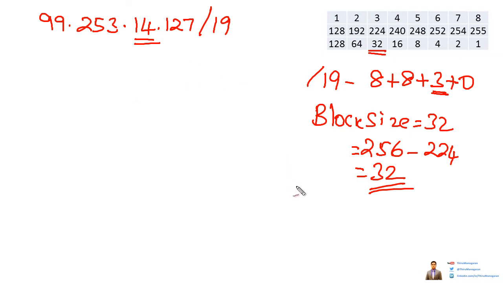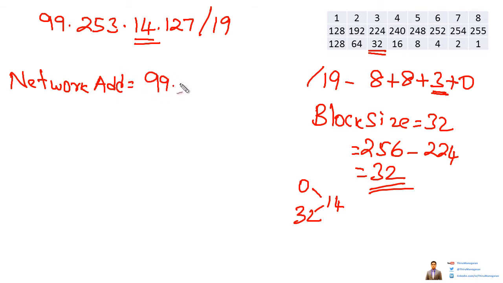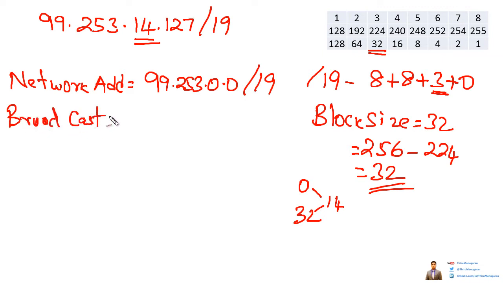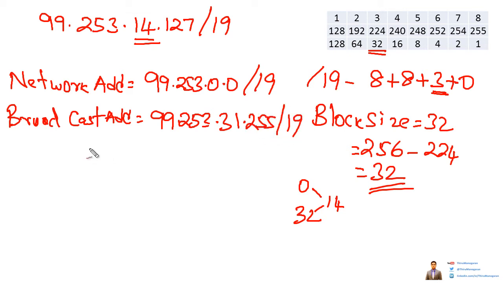This 14 falls between 0 and 32, as you can see. So the network address is 99.253.0.0/19. The broadcast address is one before 32: 99.253.31.255/19.